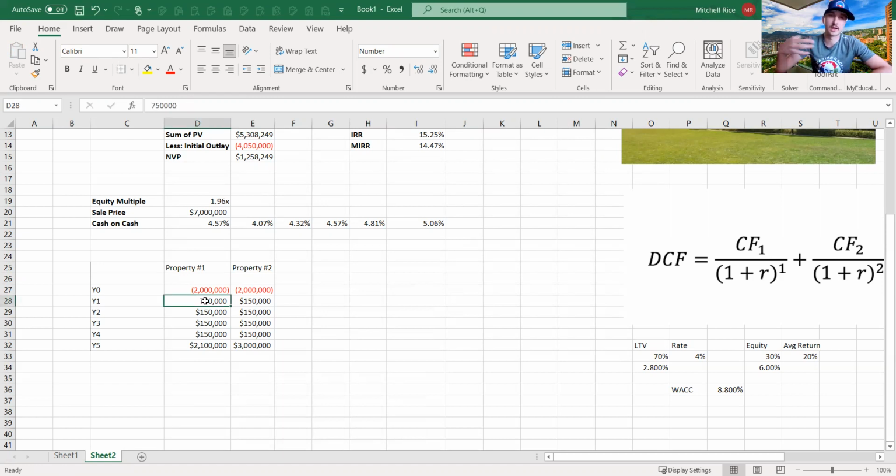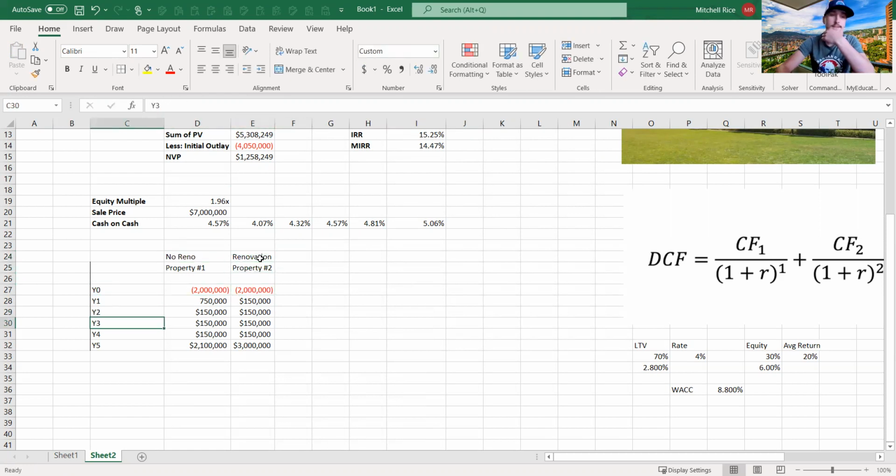So maybe for property 2, you'd probably be doing renovations, because notice your cash flow for your first year is way lower than the cash flow for property number 1. So maybe property 2 is where you're doing your renovations, and here you're not doing any.